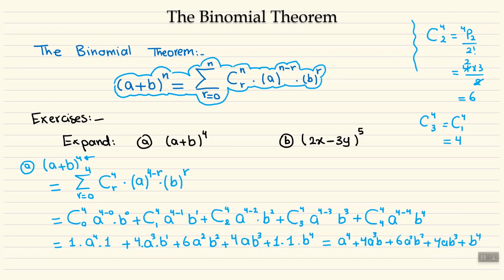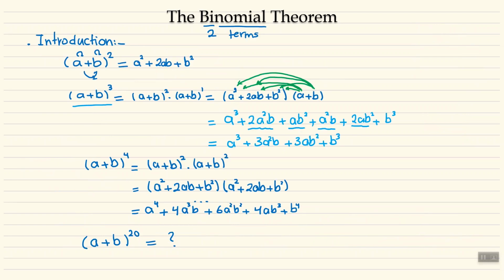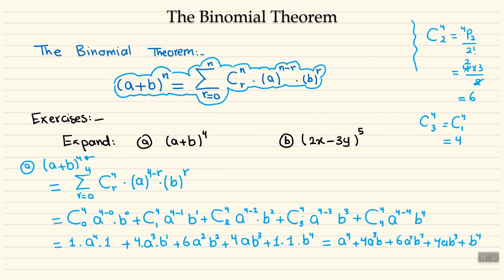Now you might notice that this is the same answer that we got here: a to the power of 4, 4a cubed b, 6a squared b squared, 4ab cubed, b to the power of 4. We got the same answer right at the end, and this answer is using the binomial theory.